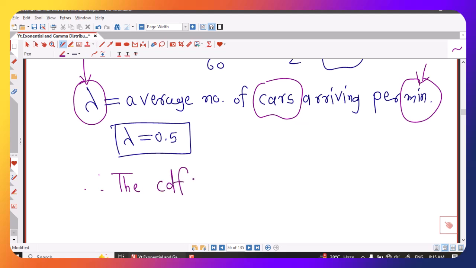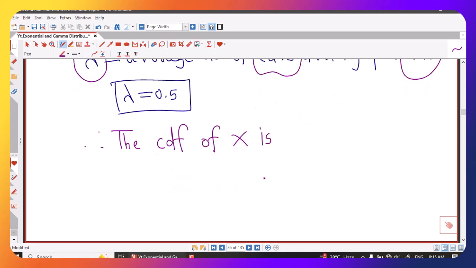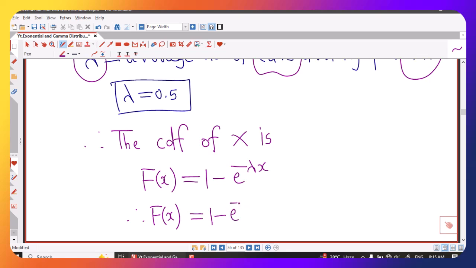Suppose we want to use the CDF, then we will write the CDF of the exponential random variable X. We know the formula for the CDF is 1 minus e raised to minus lambda x, and therefore F(x) becomes 1 minus e raised to minus 0.5 into x.